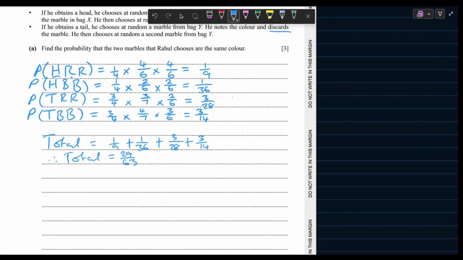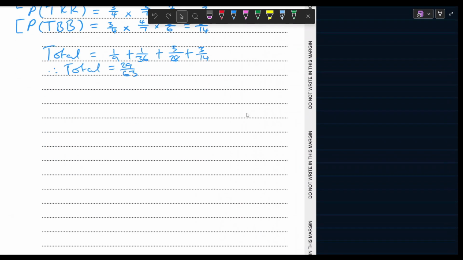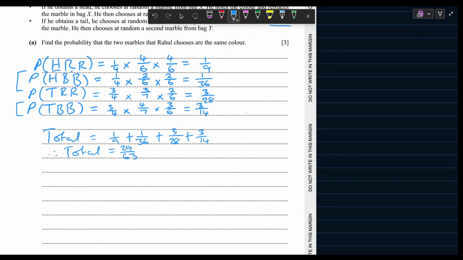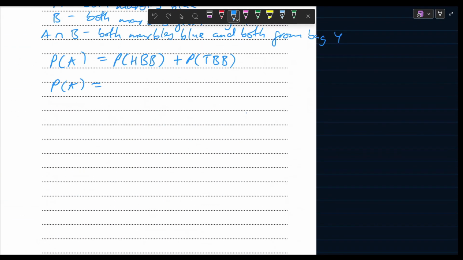The probability that both marbles are blue is going to be this probability added to this probability. It's the probability of getting a head and then 2 blue marbles, or getting a tail and then 2 blue marbles. So the probability of A is going to be equal to 1 over 36 plus 3 over 14.